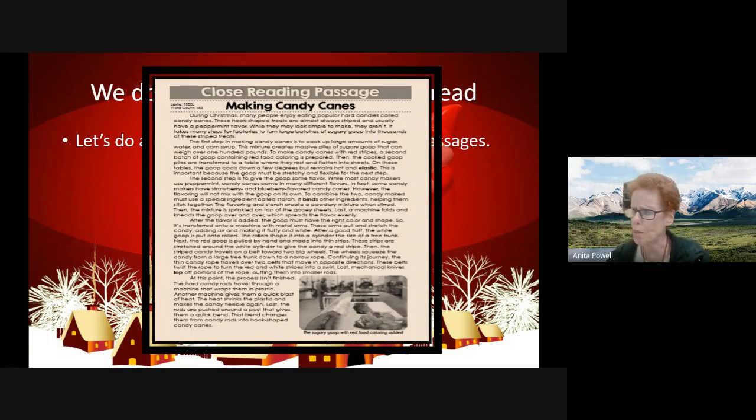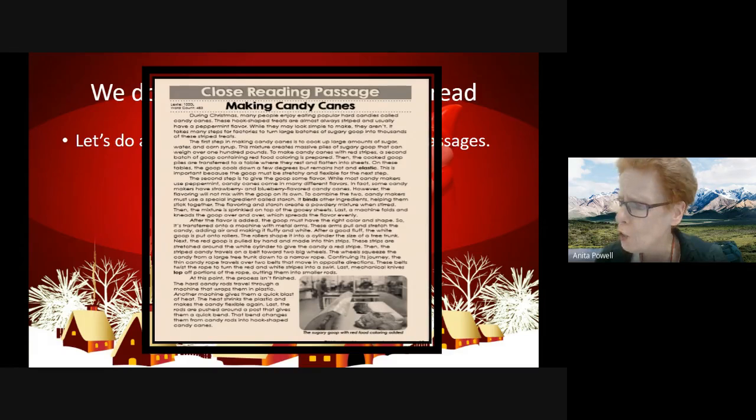The second step is to give the goop some flavor. While most candy makers use peppermint, candy canes come in many different flavors. In fact, some candy makers have made strawberry and blueberry flavored candy canes. However, the flavoring will not mix with the goop on its own.